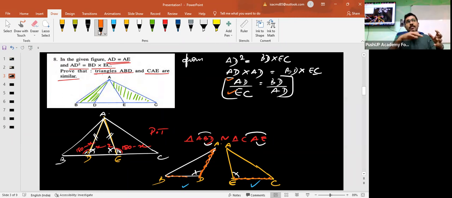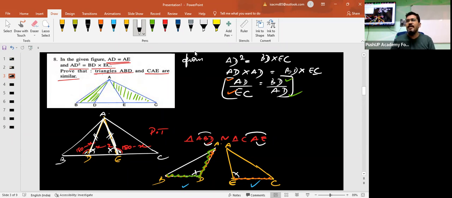Okay, I will also show you what would have been the mistake if I had gone with option number 1. That I will teach you later. Here, AD from the first triangle, EC from the second triangle. Second point, BD from the first triangle and AD from the second triangle itself. But children, you already know what is the value of AD. You already know what is the value of AE. Can't I replace with AE?